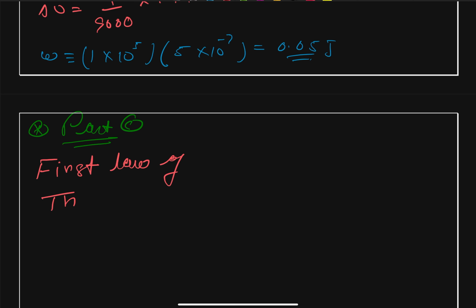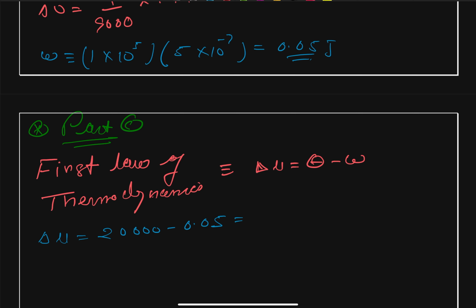It gives us that the change in internal energy will be equal to Q minus W. We know both the values, so we substitute that: delta U is 20,000 minus 0.05, and that should be approximately 20,000, but the exact value is 19,999.95 joules.